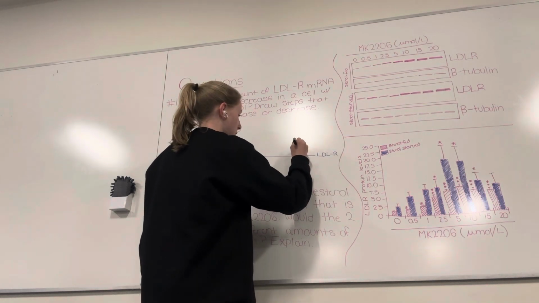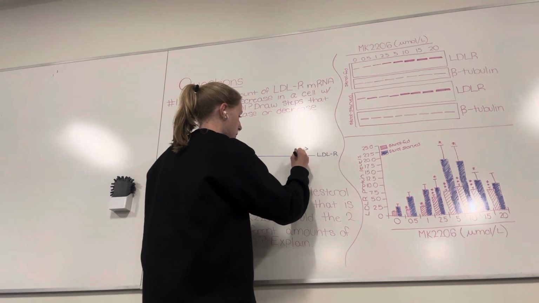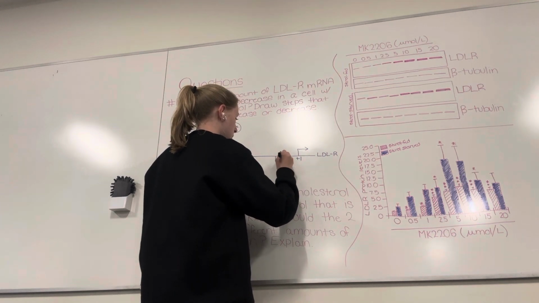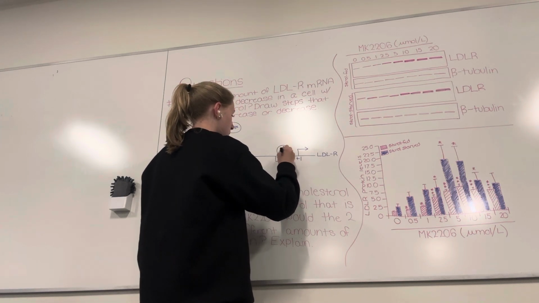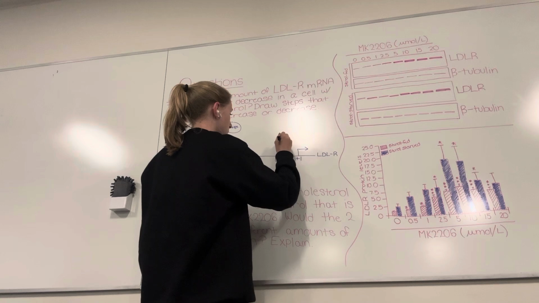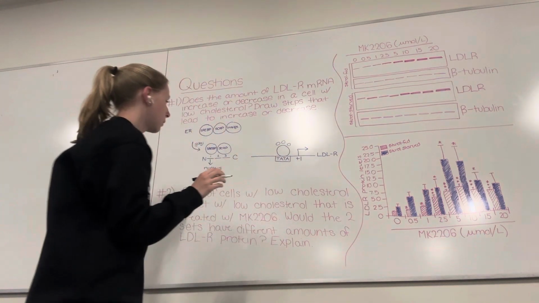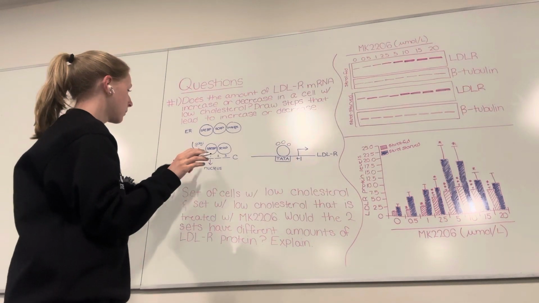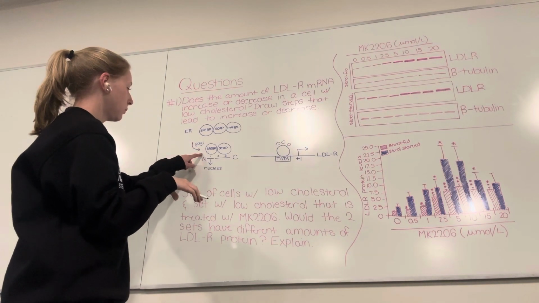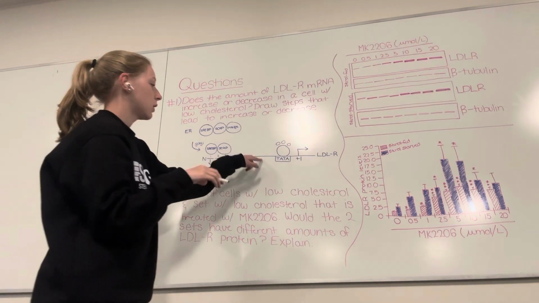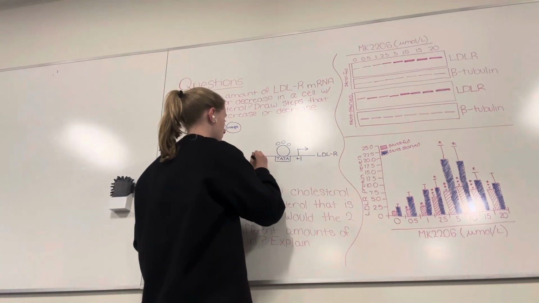So we got our 0 plus 1, and we have our TATA box, where Pol II hangs out. And then for this promoter, this SREBP-N will bind to SRE-1, or SRE, whatever it is.